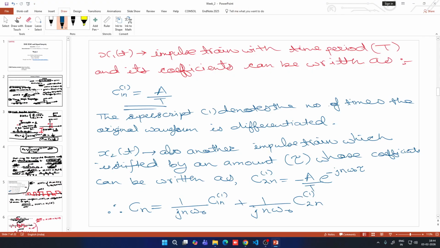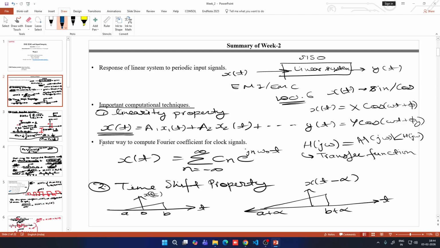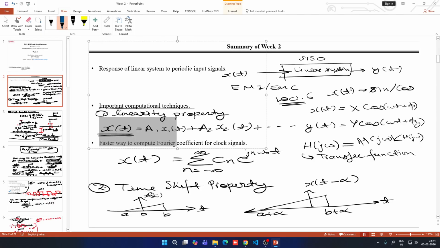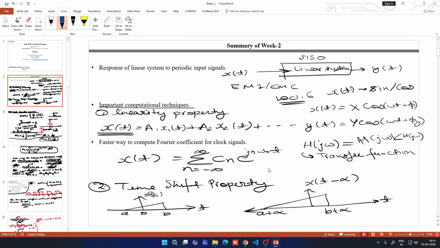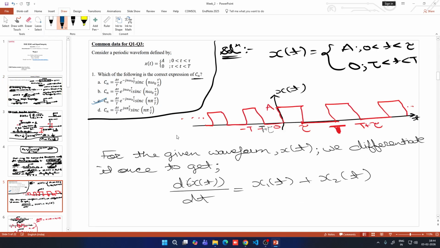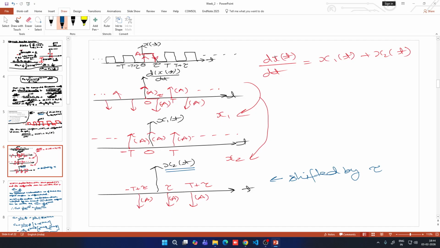Like the professor discussed, a faster way to compute Fourier coefficients for clock signals. Instead of simply writing the equations and computing it, there is a way to do it. We plotted x of t, and then we took the differentiation of x of t, dx by dt, and it can be written in two parts, x1 of t and x2 of t.